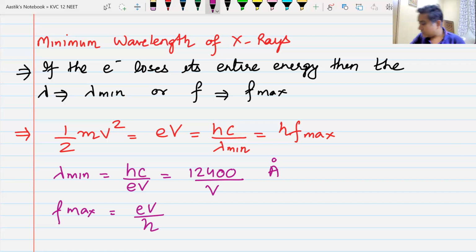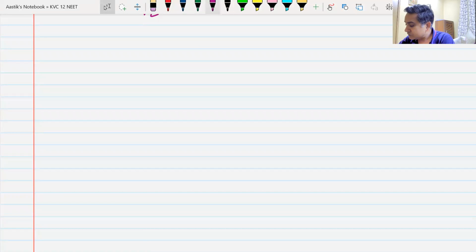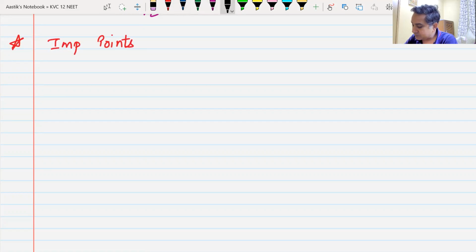Now, what are the important points that you have to note? So you can note them as important points. Only those important points are going to come in your exam as theoretical question. Point number 1.